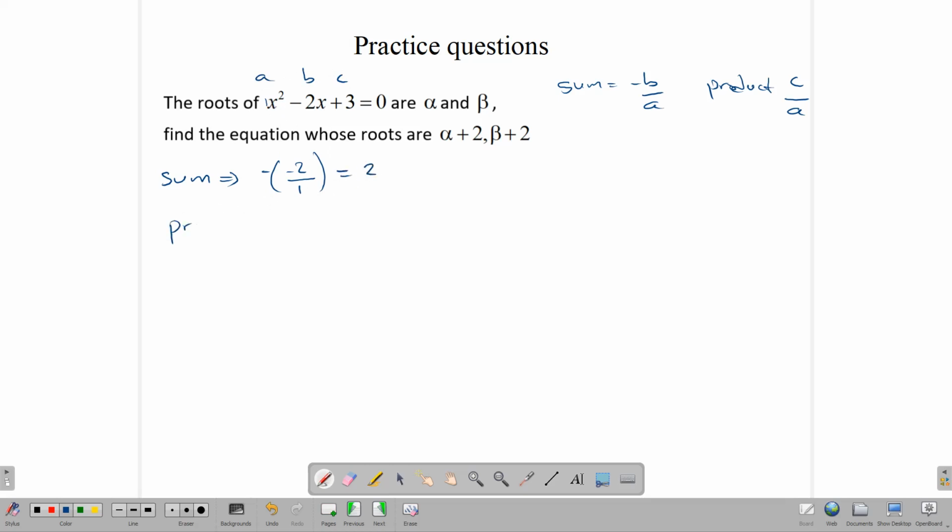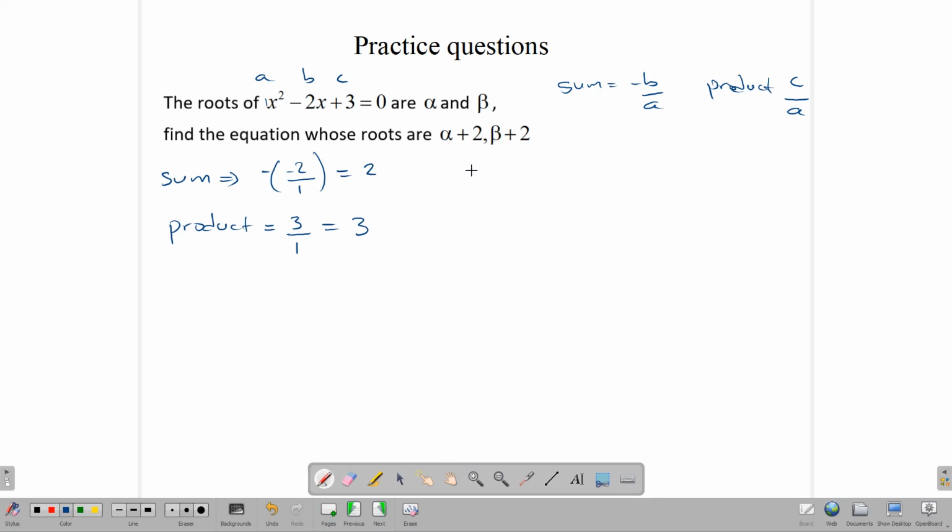And the product is going to be 3, that's c, over a, which is 3. Now we want to find the equation whose roots are alpha plus 2 and beta plus 2. So first thing we need to do is to sum them. So what is the sum of these two roots?